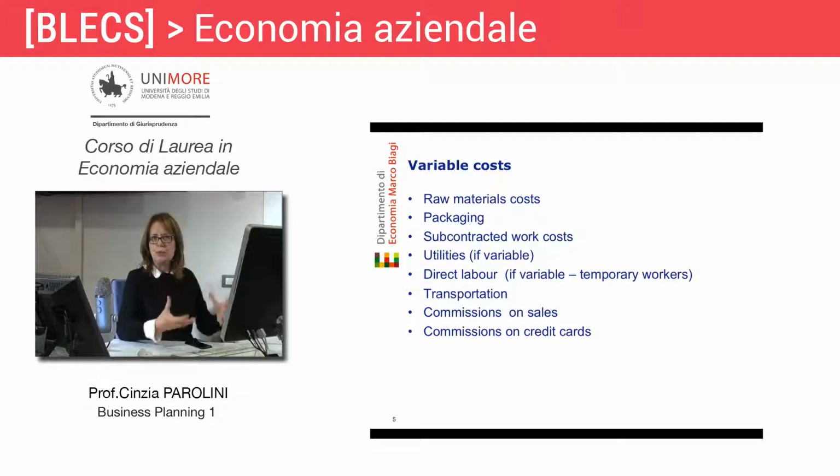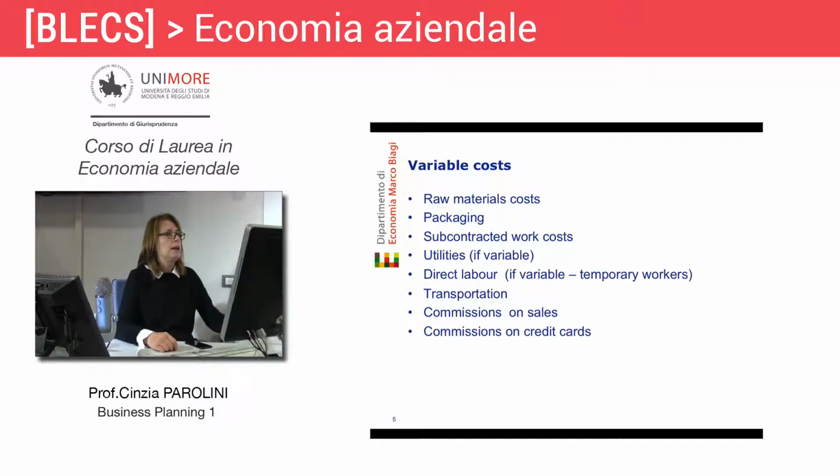So just to summarize and to make it very clear which are the costs included in each category, let's have a look at the list of variable and fixed costs. So variable costs are raw material costs, costs related to packaging, the purchase of packaging materials, subcontracted work costs.